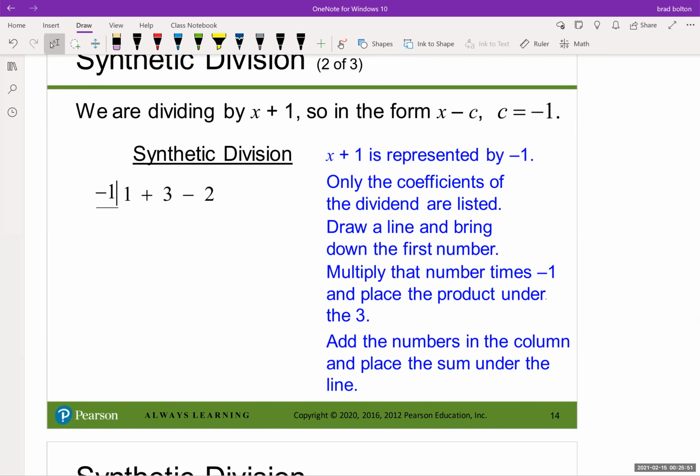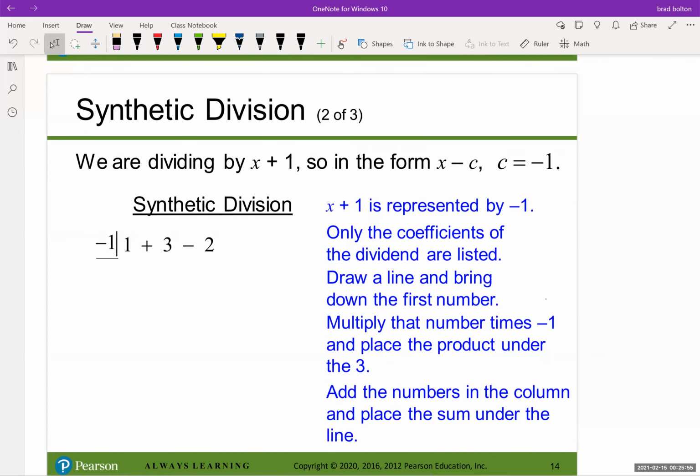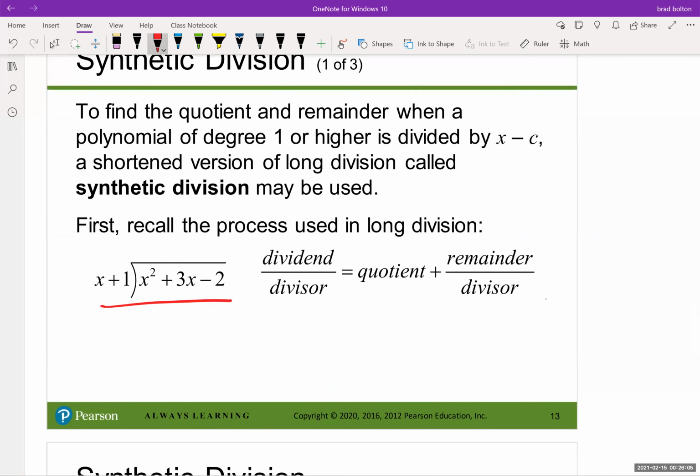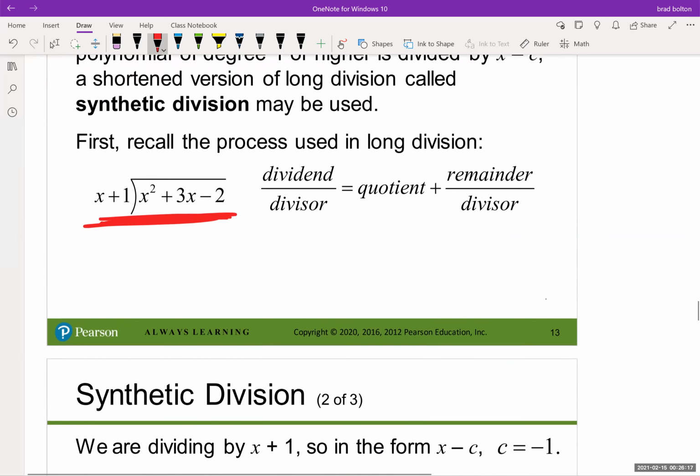What I would say you do every single time is, we are dividing x plus 1, so in the form x minus c. Here's the problem we're going to work with. Instead of doing long division, we're only going to write the coefficients in front of the x terms. So it's a 1, a 3, and a -2.